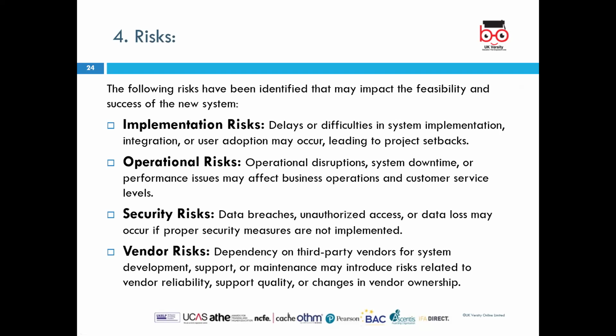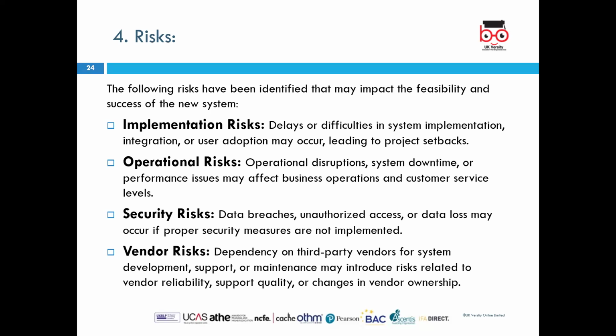It is also important to look into the risks that have been identified that could impact our feasibility. These can be implementation risk, operational risk, security risk, and vendor risk.